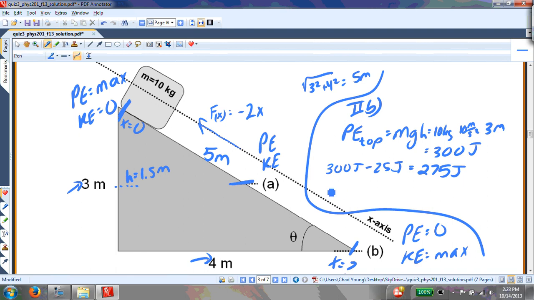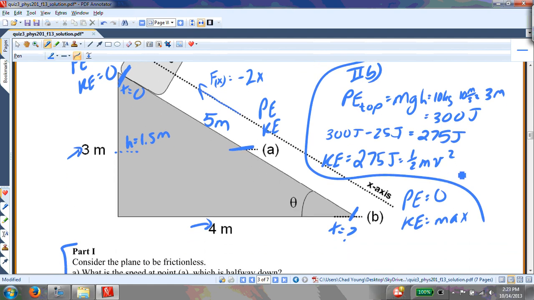That's going to be my kinetic energy at the bottom. And then here I solve for v. So v equals the square root of 2 times 275 divided by m, which is 10.